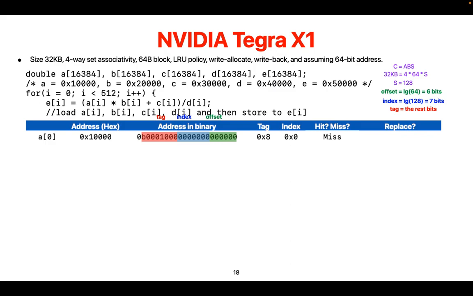So are we going to replace anyone? No, right? So there's no one being replaced. And the next element will be B0, right? So what's the address of B0? 20,000, right? So partition it again.